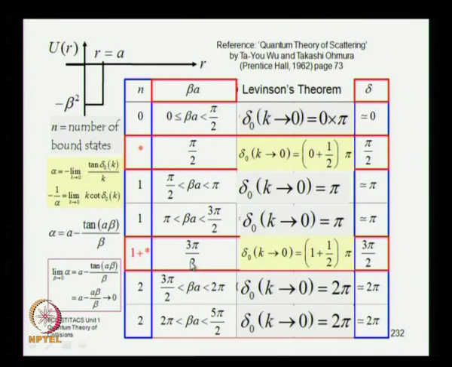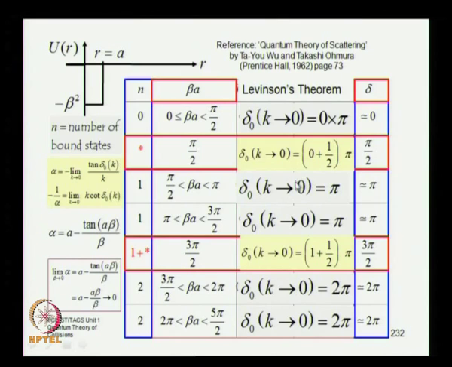So, essentially this is a manifestation of Levinson's theorem, that the phase shift for S waves is an integer multiple of pi in this case. So, it is either 0 pi or 1 pi or 2 pi and so on, where the number multiplying pi is the number of bound states.